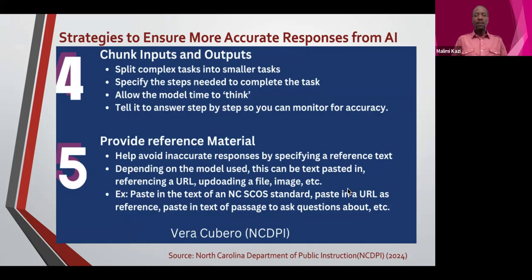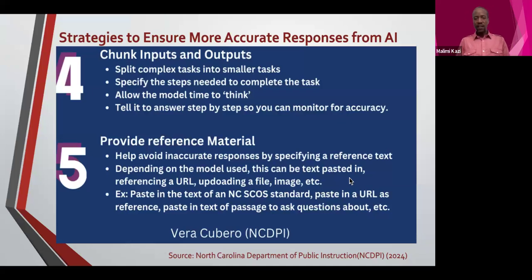So depending on the model you use, this can be text pasted in the prompt area. It can be also, you can share a URL so that the model can reference information or can obtain information from that website.